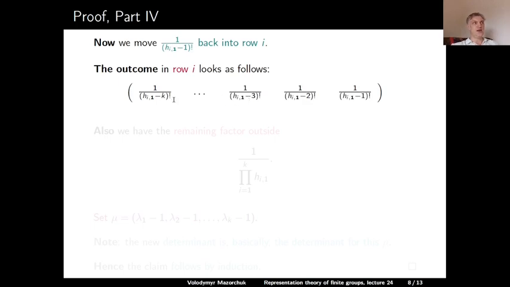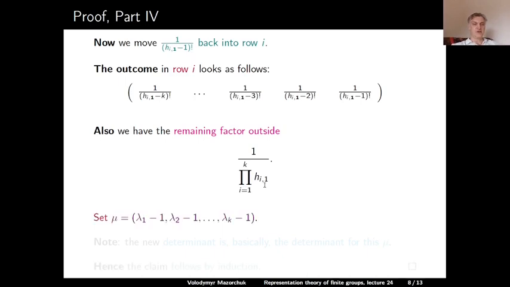Since we moved in almost everything that we moved out, so for each row we kept one factor outside the determinant, we also have the remaining factor outside the determinant, which is 1 divided by the product over all i from 1 to k of h_i1.